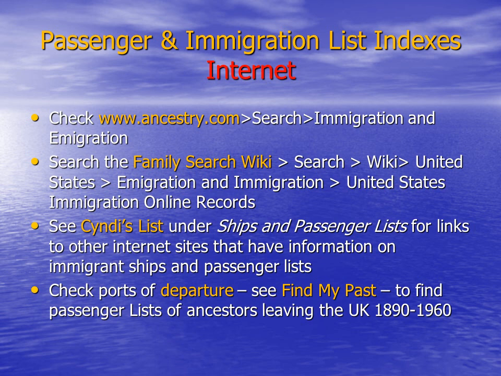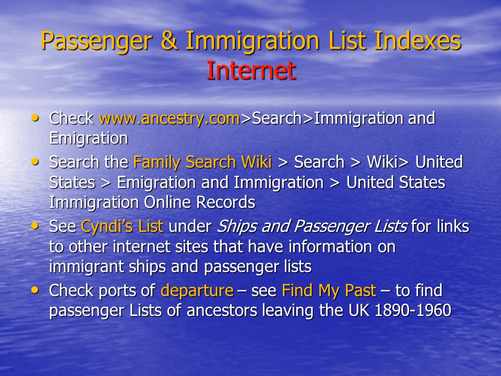There are, of course, some good internet sources as well, particularly as you get closer to the 20th century. Make sure that you check Ancestry.com. Look under search and immigration for their information. The FamilySearch Wiki is also a good place to start. Search the wiki, get to the United States immigration records, and then United States immigration online records.